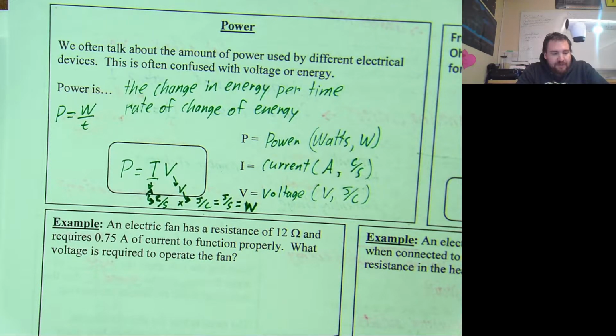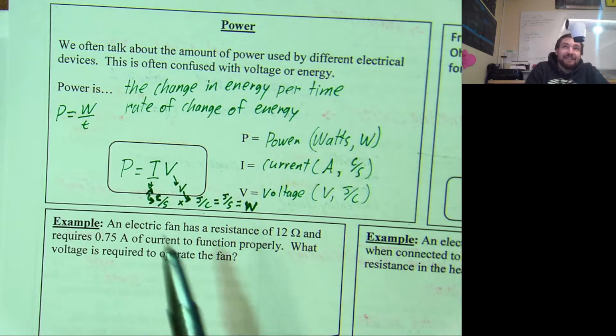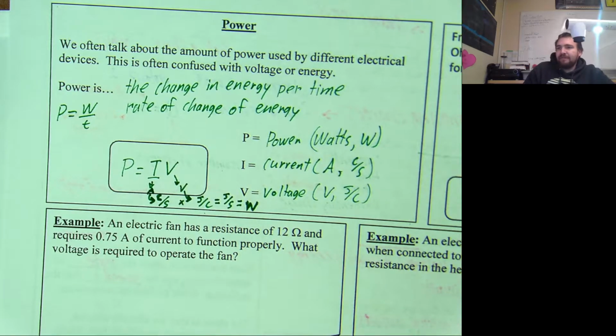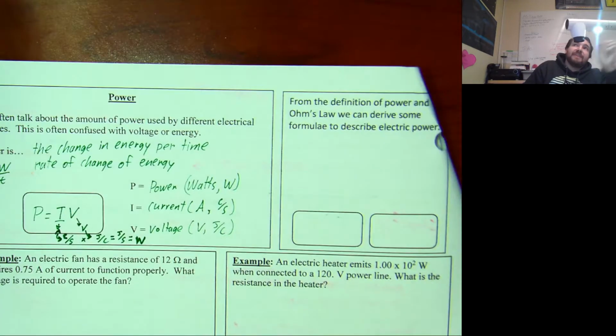Now because we've got a relationship between power, current, and voltage, and we have a relationship between voltage, current, and resistance, we can create two more relationships, relating power, voltage, and resistance, or power, current, and resistance, by combining this equation with this equation.